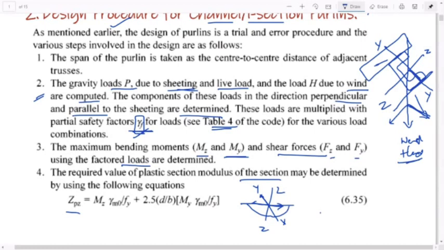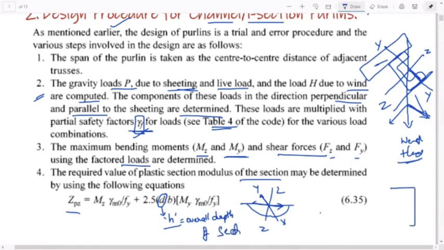Here, the denotation that I have adopted for this d is h in my problems. When I am solving the numerical problem, this d is taken as h, which is the overall depth of the section.